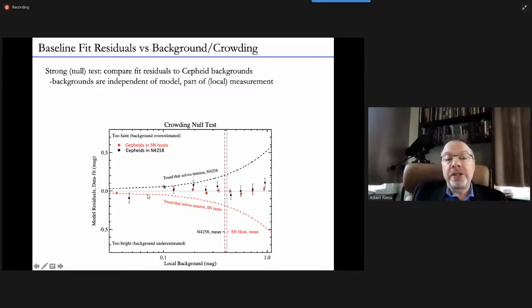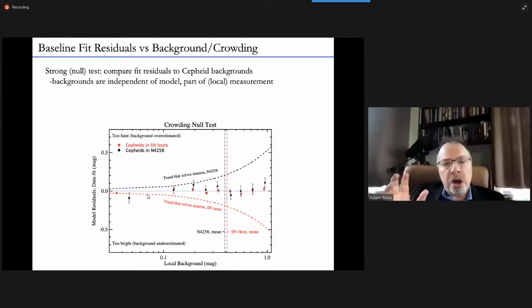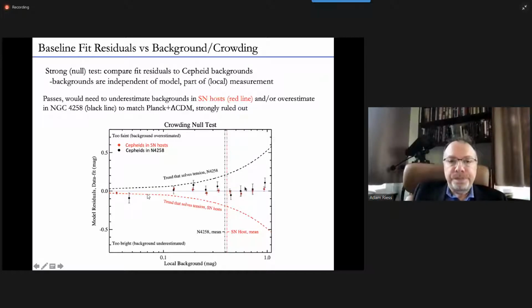It goes the other way. And so you're looking for the black points to follow the black line, or the red points to follow the red line, which they clearly don't. In fact, it would be kind of bizarre and hard to understand why one would misestimate the background in one direction for one set of galaxies and in another direction for another. And in fact, the data show that we're pretty spot on in terms of the level of background.